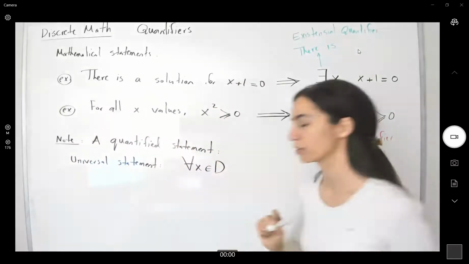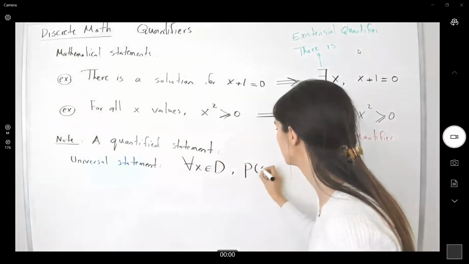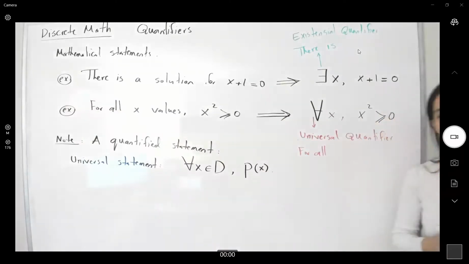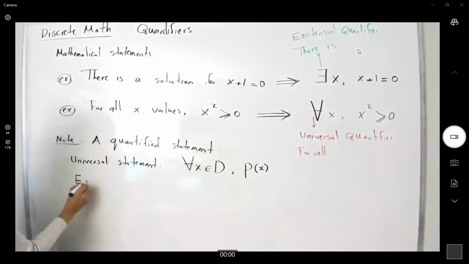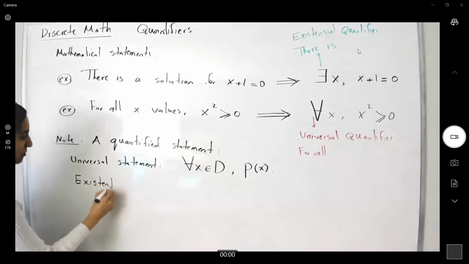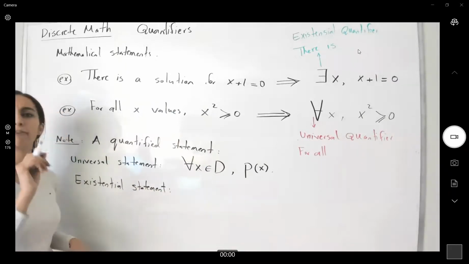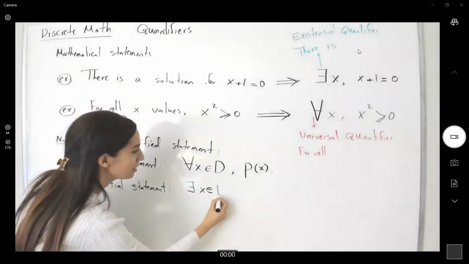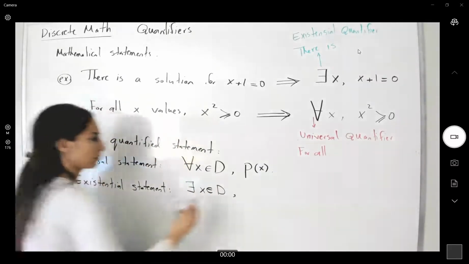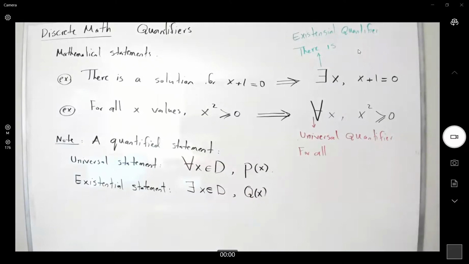So officially, we're going to add a domain as well, such that a statement is related to x. Or an existential statement, which is written as there exists an x value in the domain such that, and a statement related to x. So these are called quantified statements.